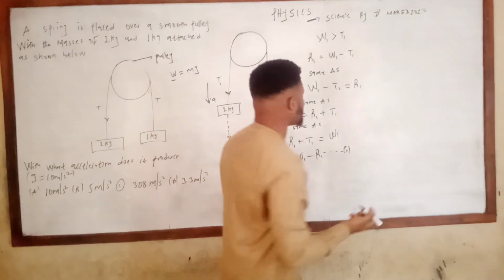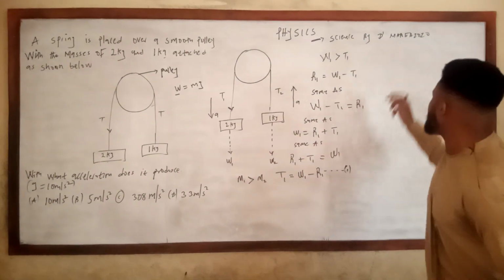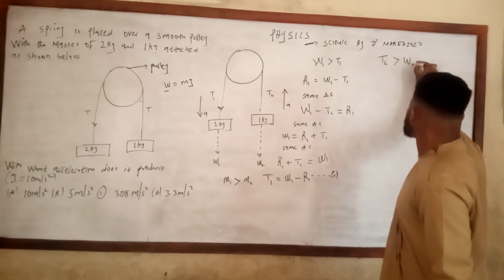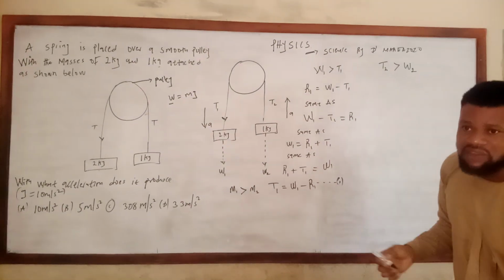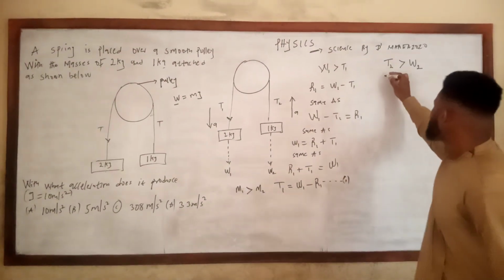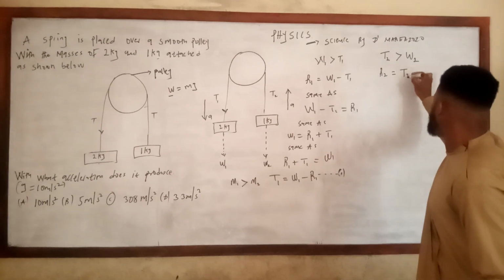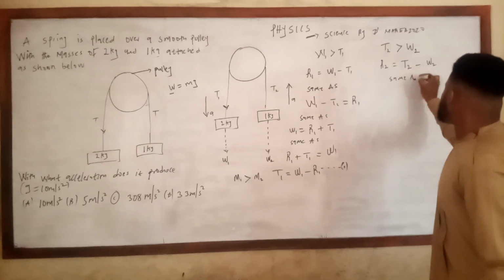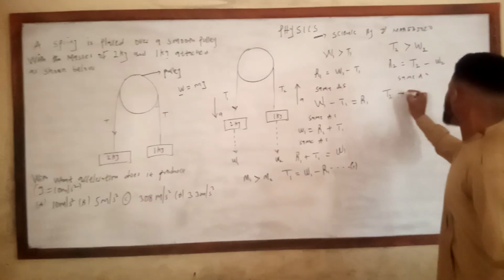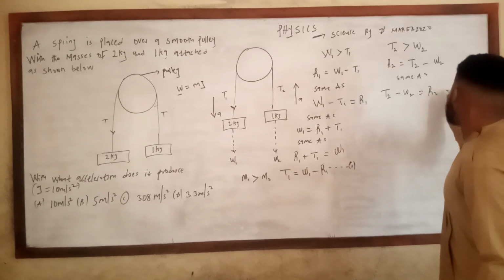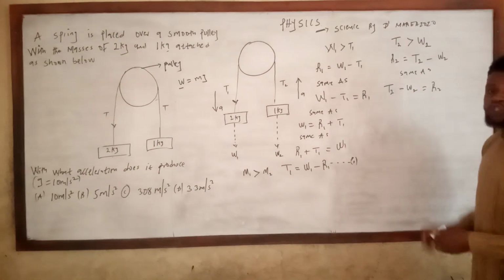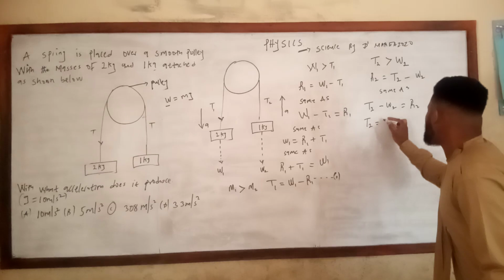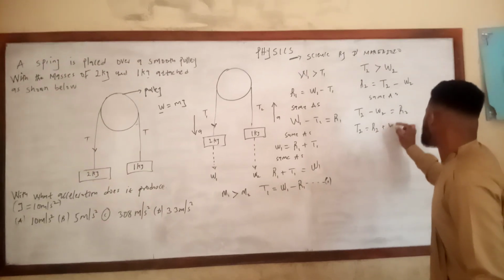Next, I will resolve for the upward acceleration. For the upward motion, T2 is greater than W2. The resultant of these two forces is R2 equals T2 minus W2. Making T2 the subject of the formula, T2 equals R2 plus W2.